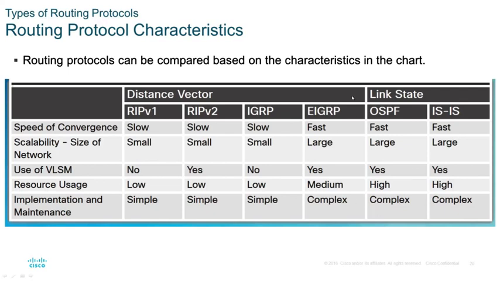So again, it really boils down to, like I stated a few minutes ago, which one should you pick? Which one's better? Distance vector or link state, EIGRP or OSPF, Cisco or not Cisco? It doesn't matter in the grand scheme of things. The biggest trade-off between the two is that resource usage is a little bit higher on OSPF over EIGRP, and that's because of how link state works versus distance vector.